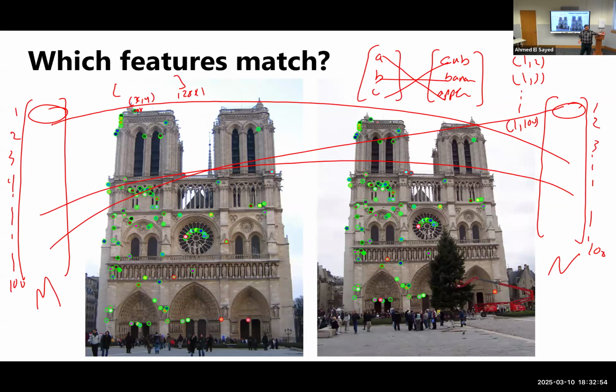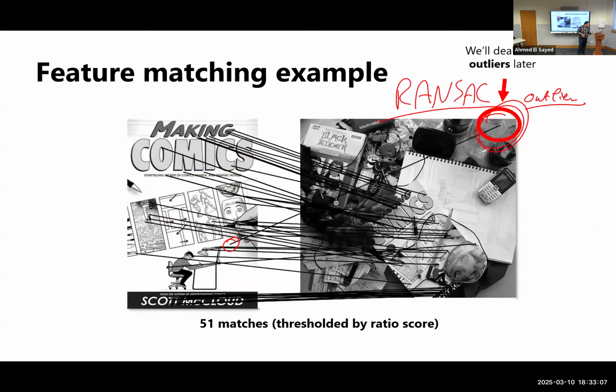A couple of features from here, a couple of features from here, try to match them against each other and find the ratio. So I reduce this into maybe half or maybe less. Okay. So using the RANSAC algorithm can help us remove the outliers and make a robust matching technique.